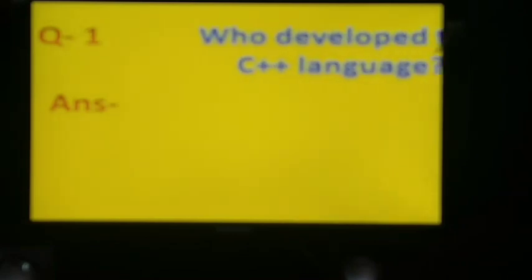Question number 1. Students, question number 1 is, who developed the C++ language? I also explained in previous class who developed the C++ language.